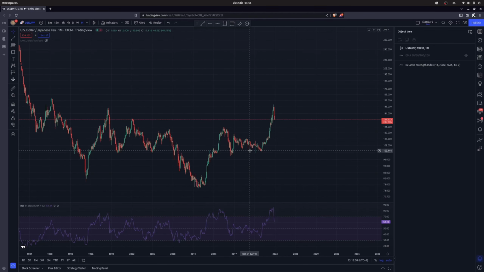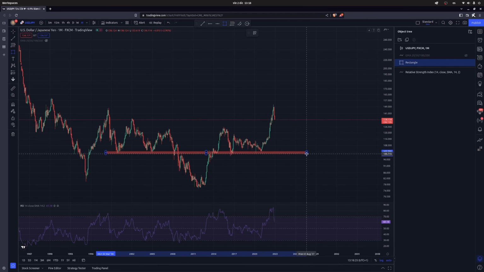And I think here a key support area would be this line here. So let's just take the rectangle tool and draw this area here. Why this area?